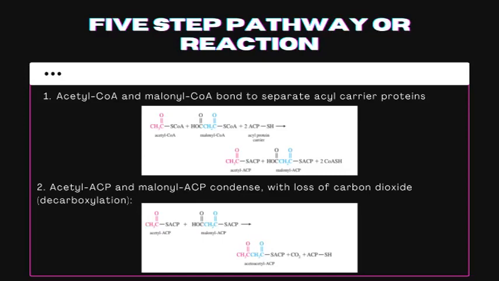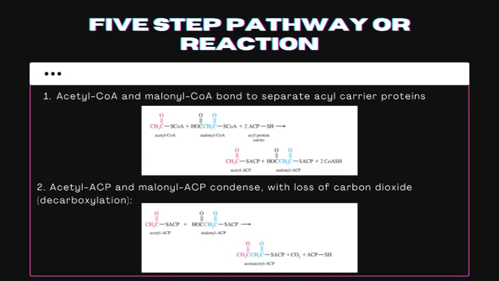Decarboxylation is a chemical reaction that removes a carboxyl group and releases carbon dioxide. Acyl-malonyl acyl carrier protein, or ACP, condensing enzyme prepared from extracts of Escherichia coli catalyzes the condensation of acetyl ACP and malonyl ACP to form acetoacetyl ACP.